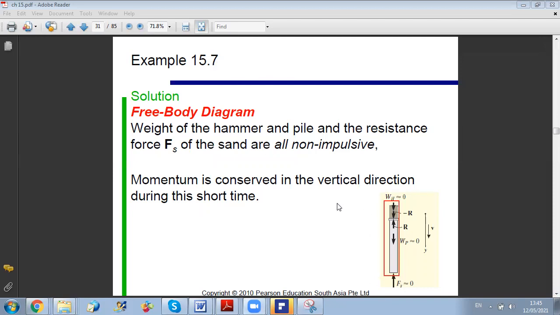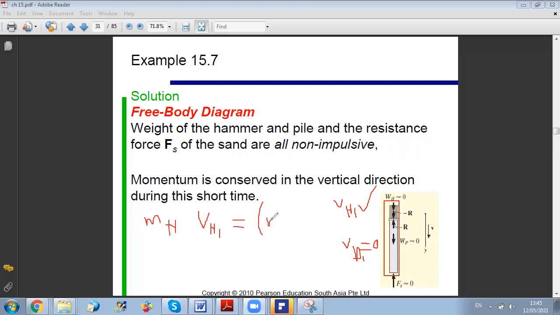We have the initial velocities, because we have just calculated the velocity of the hammer at state 1, and we know that initially the pile is fixed, so Vp1 equals 0. So initially I just have the mass of the hammer times the velocity of the hammer, equals, at the final state, the two will become one object, no rebound of the hammer.